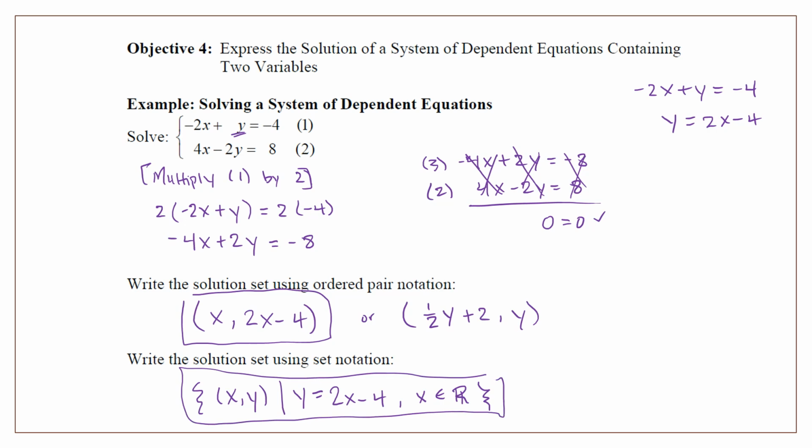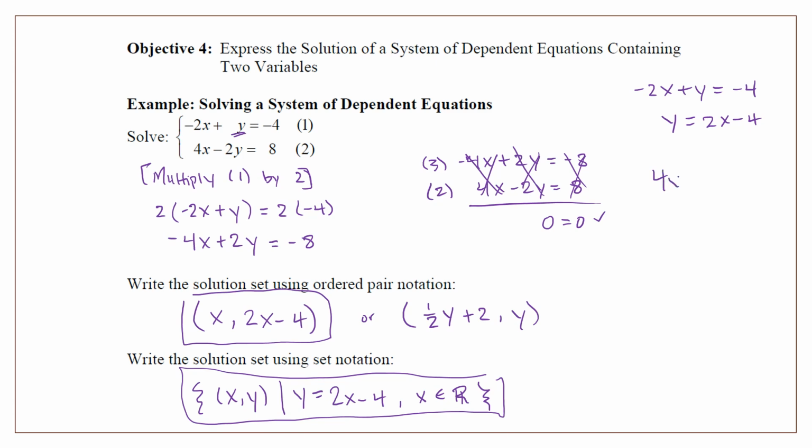Okay. Now you could have taken equation 2, written it in slope-intercept form to get your expression for y, and utilized that in the ordered pair. That's also a solution to your equation as well. But since both of these equations are the same line, if you were to simplify 4x minus 2y equals 8, you would get the same equation. And let's do that.